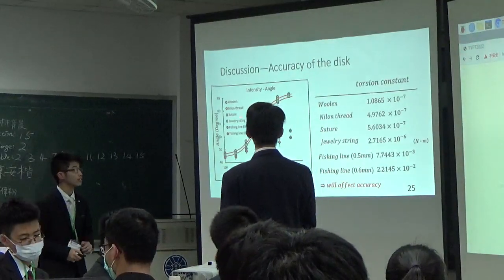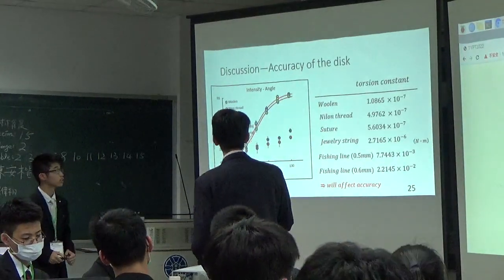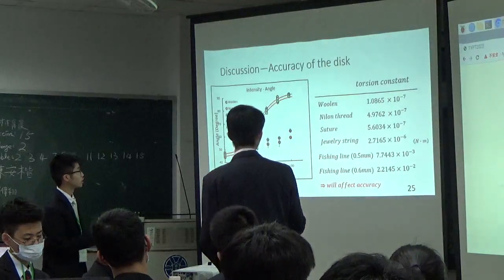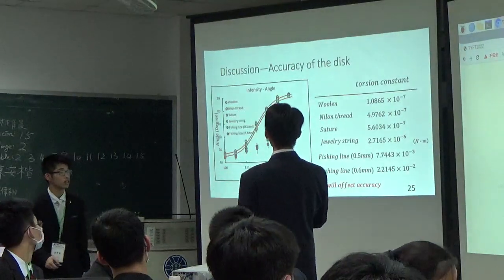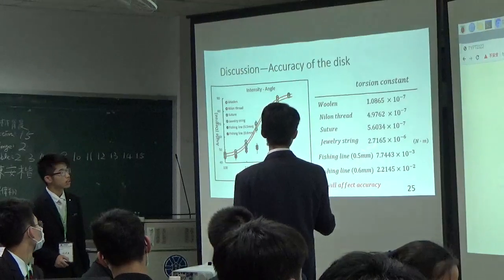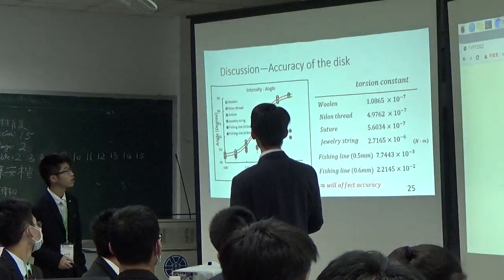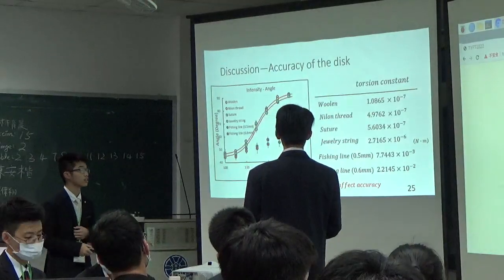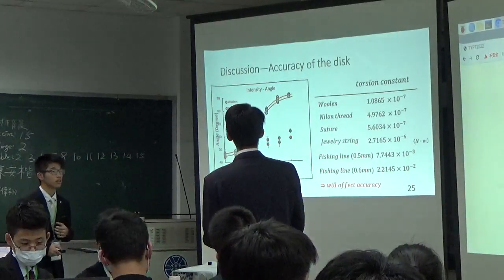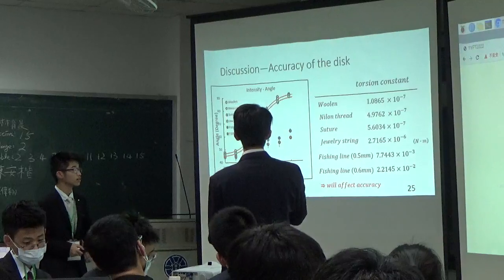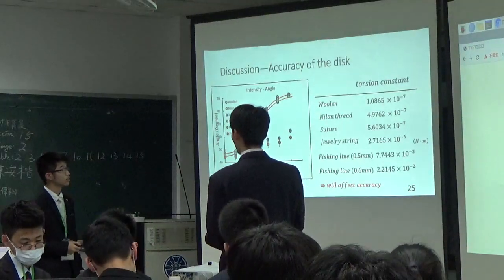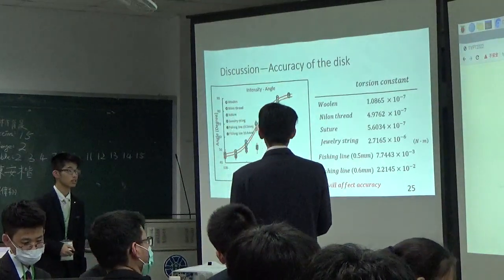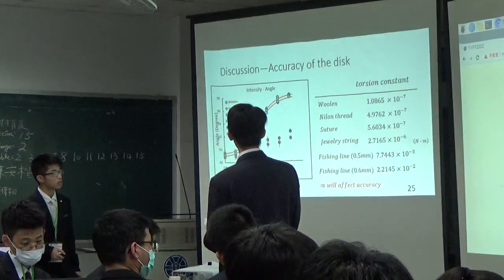Also, we can see that what is the green dot? Green dot is a jewelry string. Also, when it is bigger than this value, then it will start to have a big deviation. Yes. Oh, okay, I understand. So we know that the smaller the portion constant, it will be more accurate of the disk. Yes. Okay, then I move to the previous page.